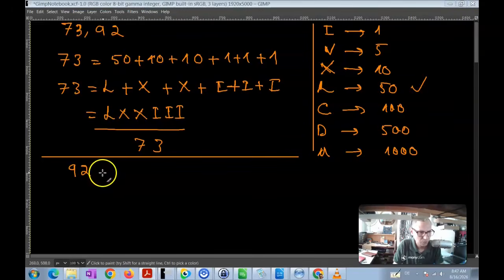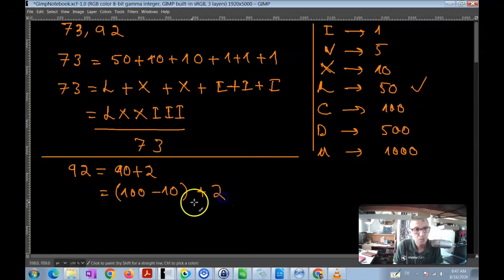So you could write this as a 90 plus a 2, which is 100 minus a 10 plus a 2, right? And 100 is a C, so you would write a C as 100, and then you subtract the 10 from it, which means that you put an X over here, which means that you're subtracting a 10 from the 100, and then you add to that a 2, which is 2 ones.